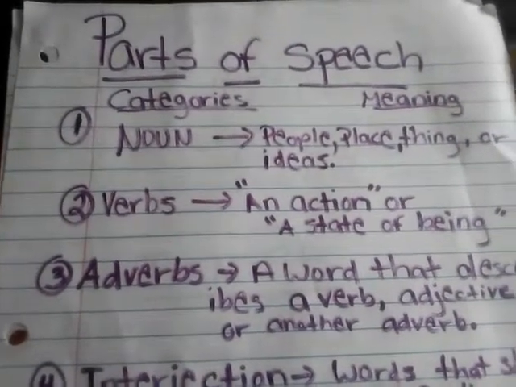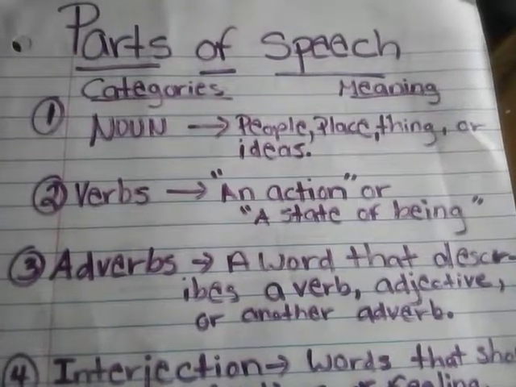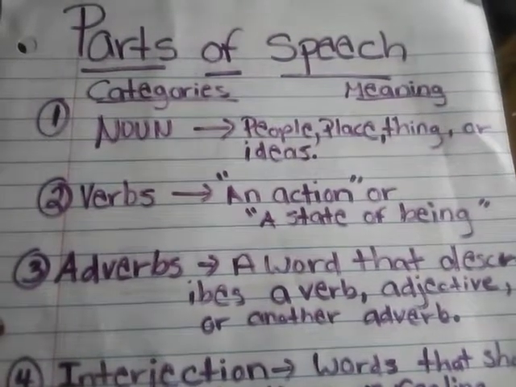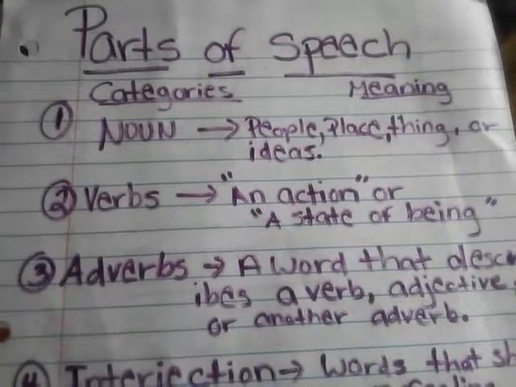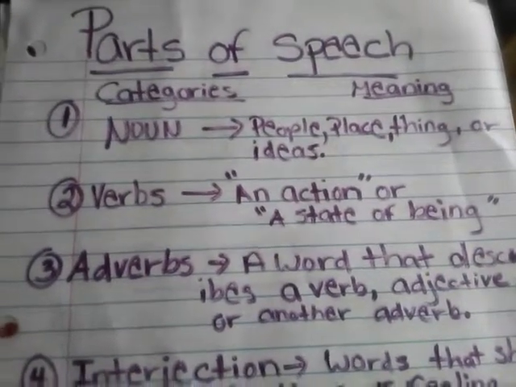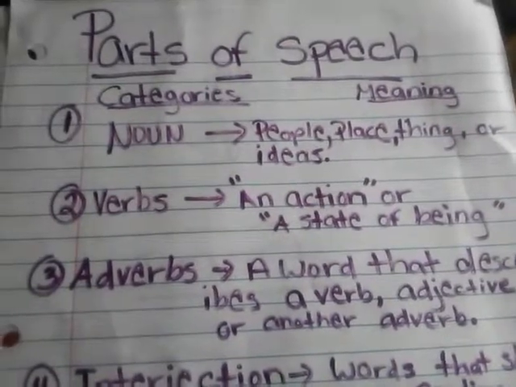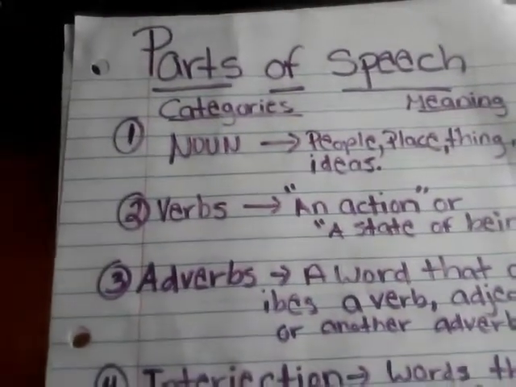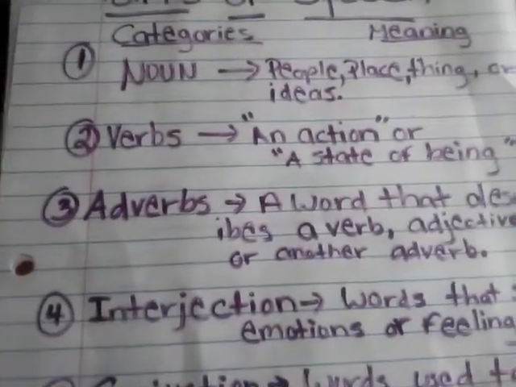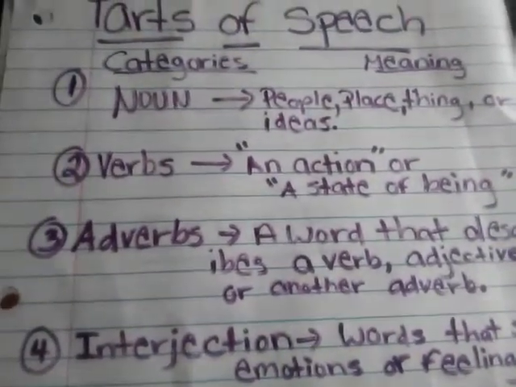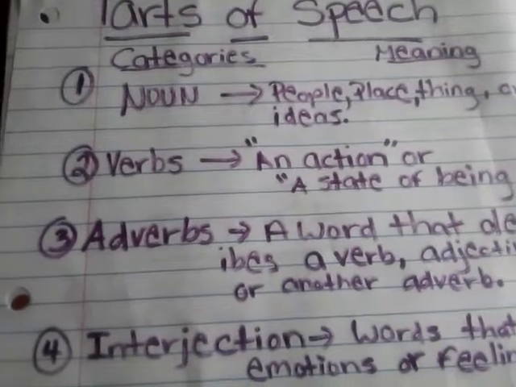A noun is people, places, things, or ideas. So anything that has to do with a person, a place, a thing, or an idea within a sentence is known as a noun. Okay, and the second category where words can be placed within the parts of speech is verbs.